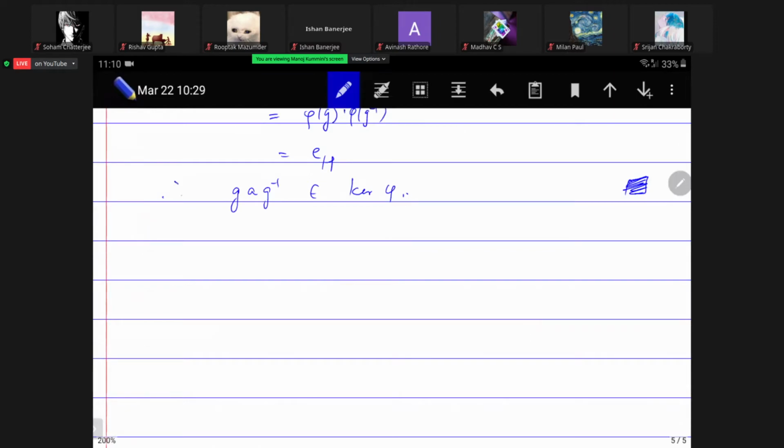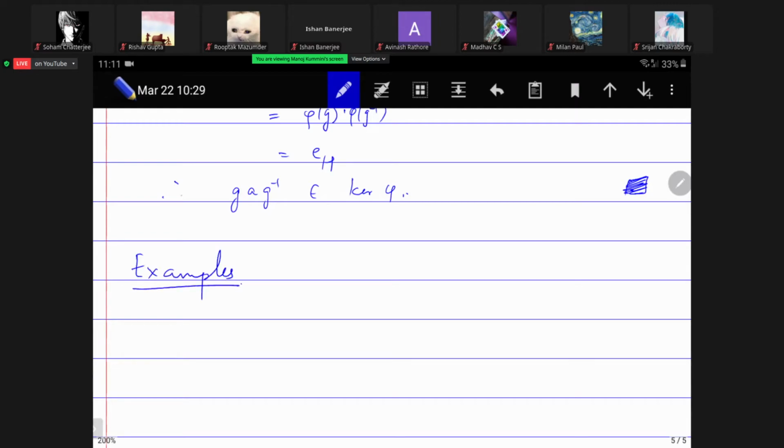Now let us give some examples. But before we give a non-example, we need to do something, so that will be for the rest of the lecture. So we know examples of some kernels.